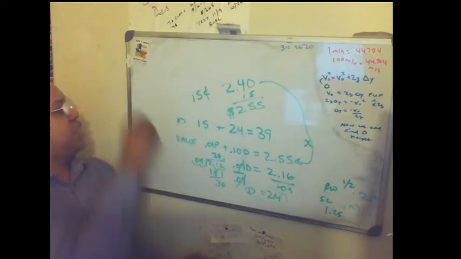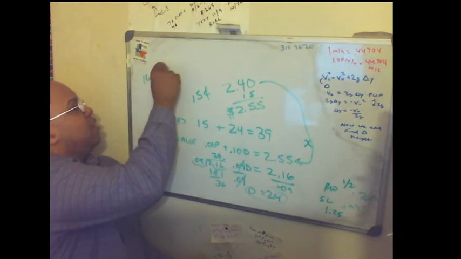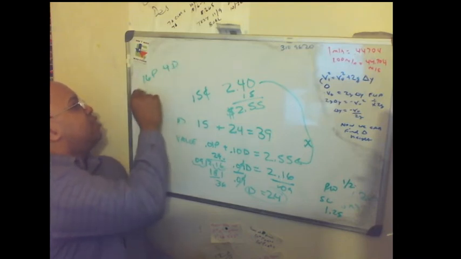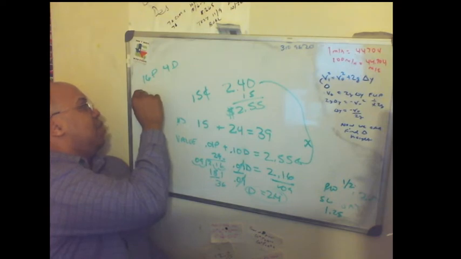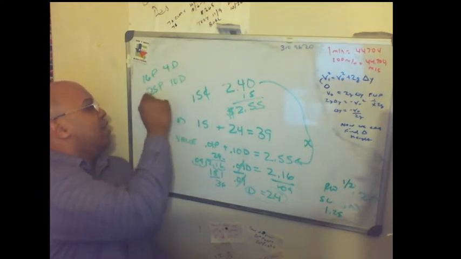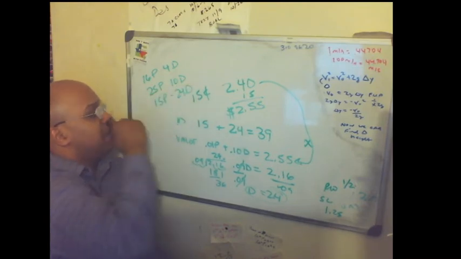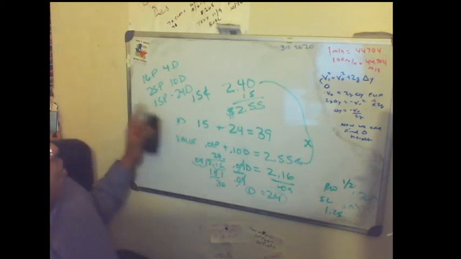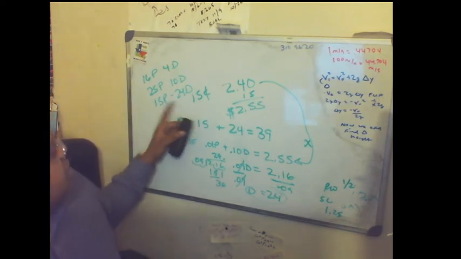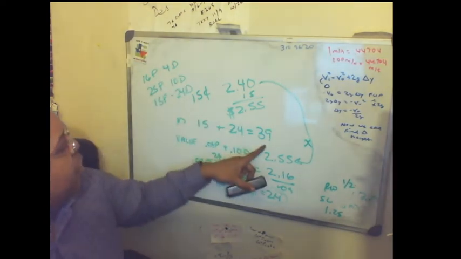But if answer A was 16 pennies, 4 dimes, and answer B was, I don't know, 25 pennies and, I don't know, 10 dimes, and then we had 15 pennies for an answer and 24 dimes, okay? What I would do is I would calculate the pennies and the dimes in each question and see which one closely comes up to 39.